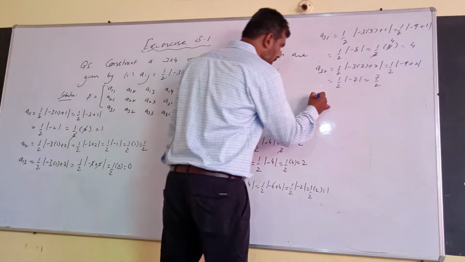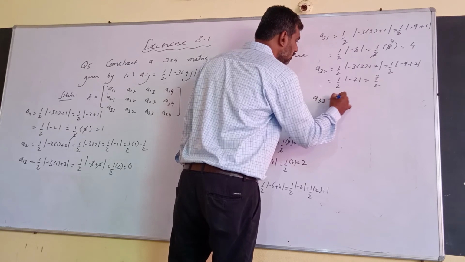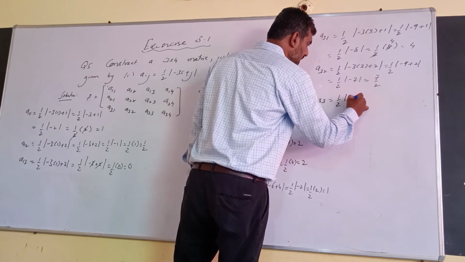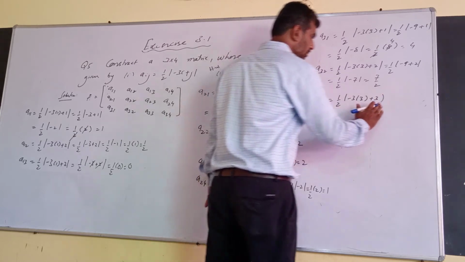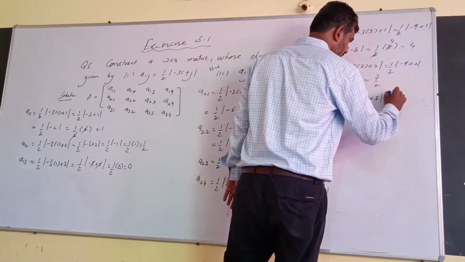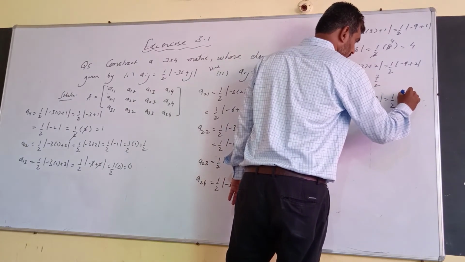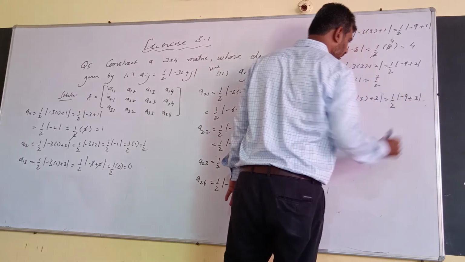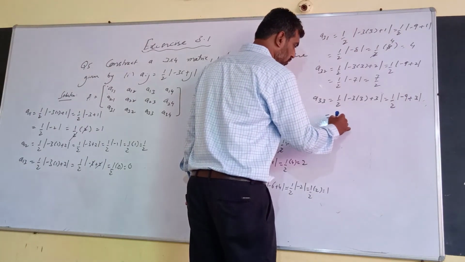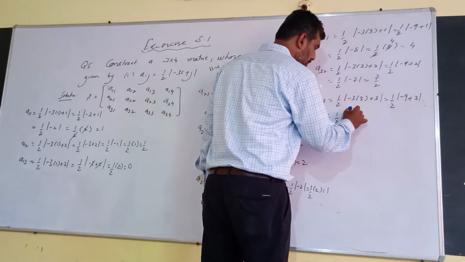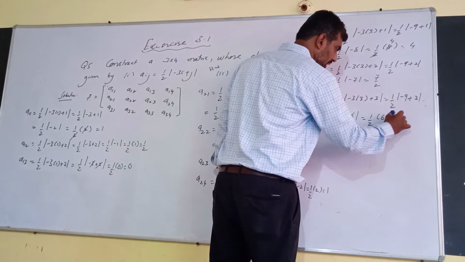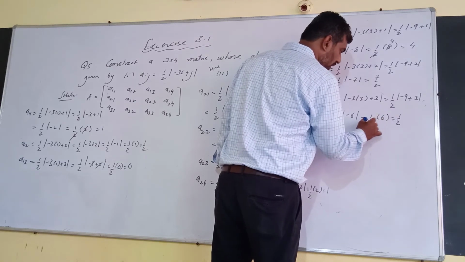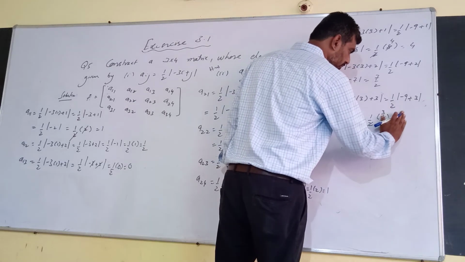Now A33: minus 3 into 3 plus 3. Minus 9 plus 3, 1 by 2 into minus 9 plus 3, minus 6. Minus 6 will become plus 6. So that gives us 1 by 2 into 6, that is 3.